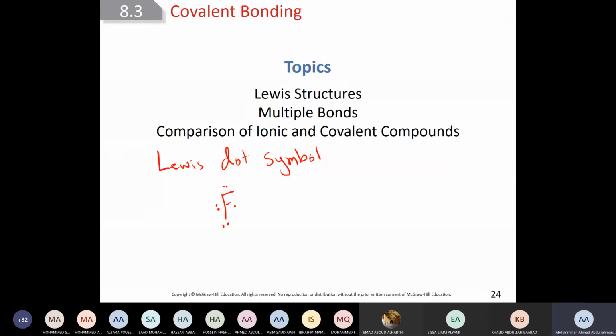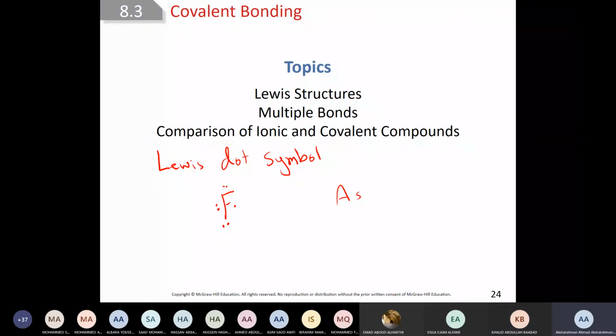Always keep the periodic table in front of you and discuss things based on the periodic table. For example, if we put another symbol, which is As, what's the dot symbol for As? You have to go look at the periodic table and tell me. 5.